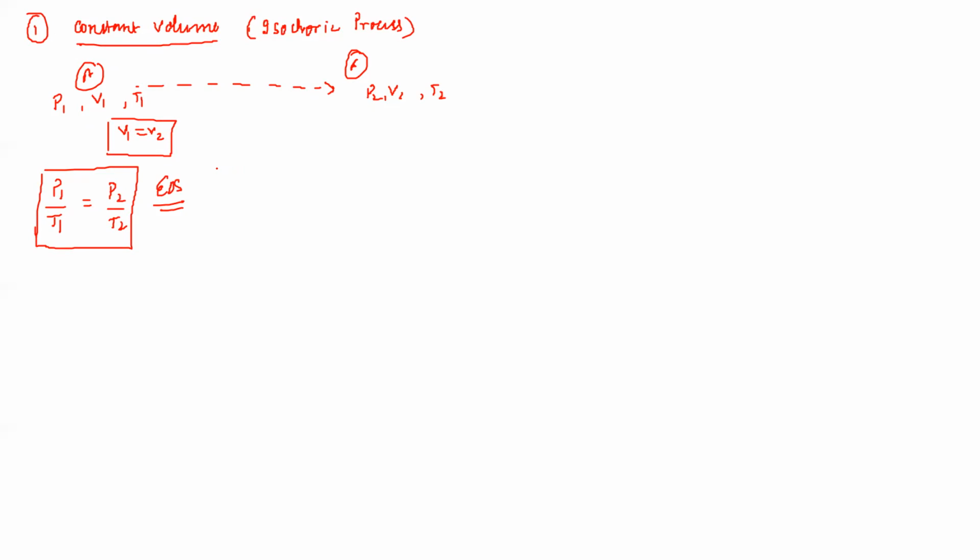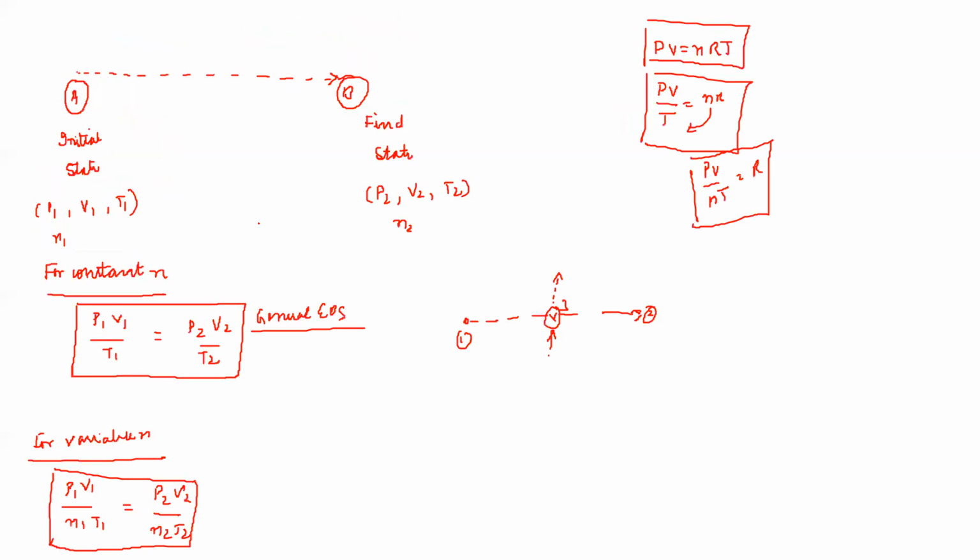Then another thing we discussed is work done. Work done is basically integral PdV. We're talking about internal work done, assuming there is no external work done. For the time being, we are going to assume that no external work done comes into the picture.